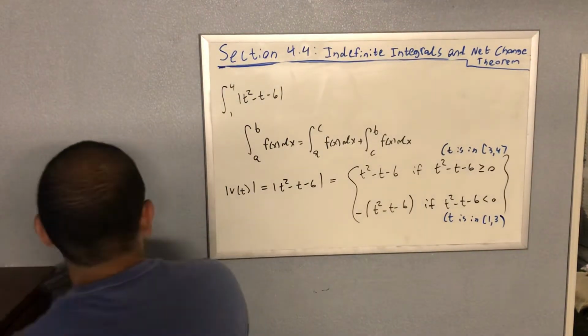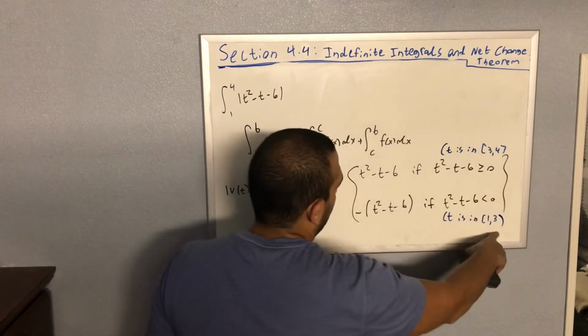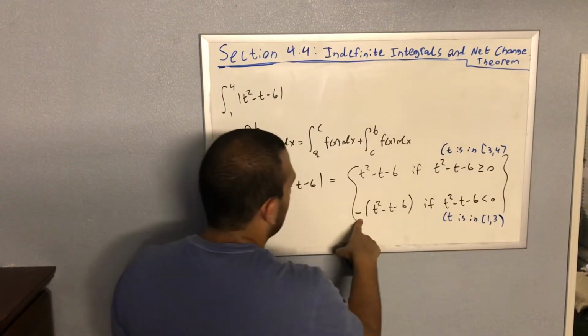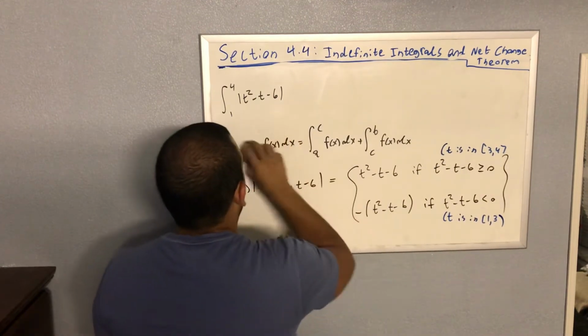So, because we know that this is true, from 1 to 3 we have to put a minus sign in front of the function, and from 3 to 4 we don't need that minus sign.